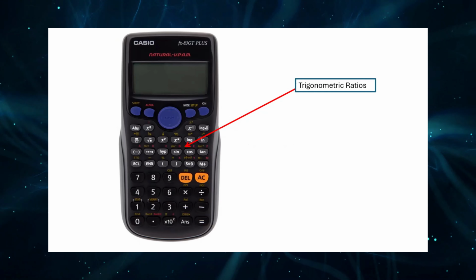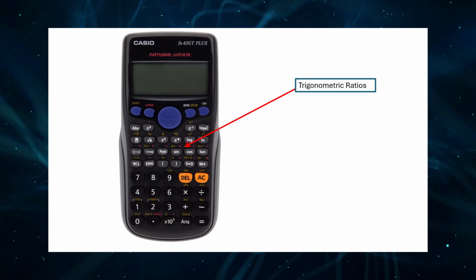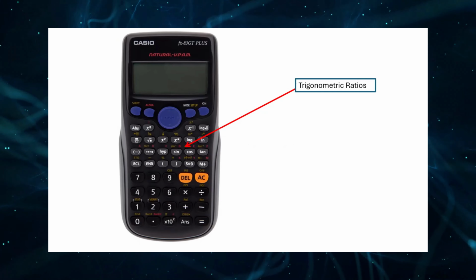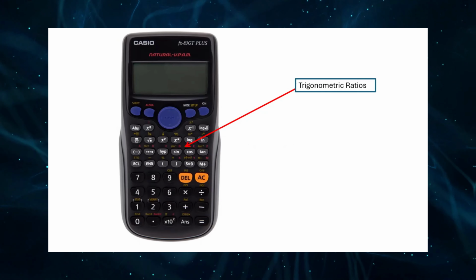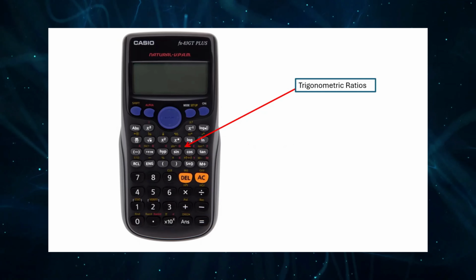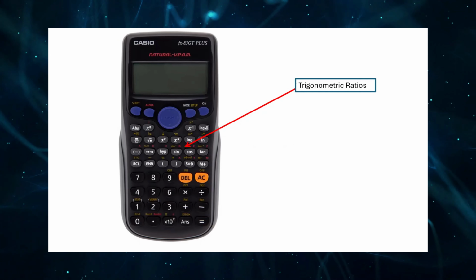So you're wondering all along, what are these buttons for? They are for calculating sides and angles of triangles. Okay, now with that being said, make sure that at this point you're looking on your calculator. If you hadn't brought your calculator to this lesson, you need to pause the video, run and get it, because all of this that we're doing now, you will need your calculator.